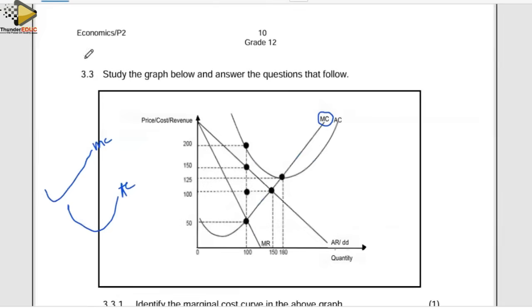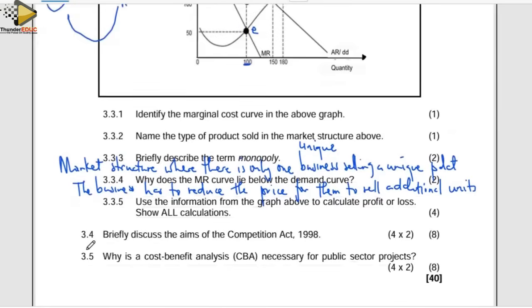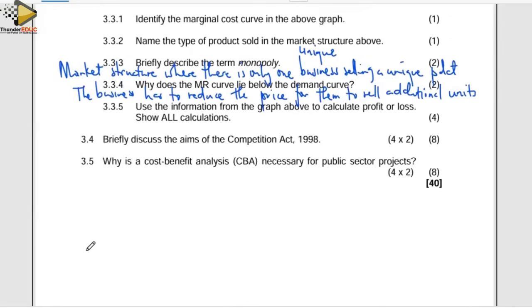Coming back to our illustration, we need to pick our quantity here. We said our equilibrium is here, which means our quantity is 100. And what is our revenue? Our revenue is 150. And what is our cost? It is 200. So when we calculate our profit, we say total revenue minus total cost.